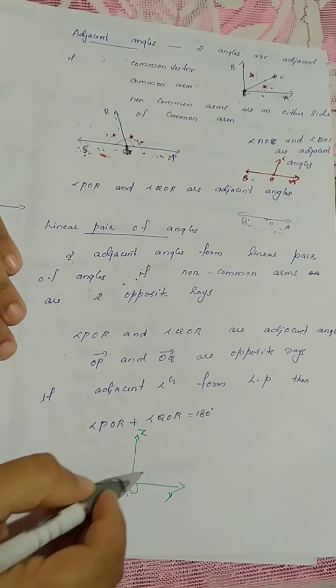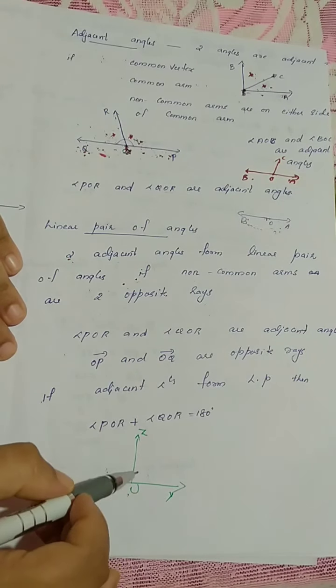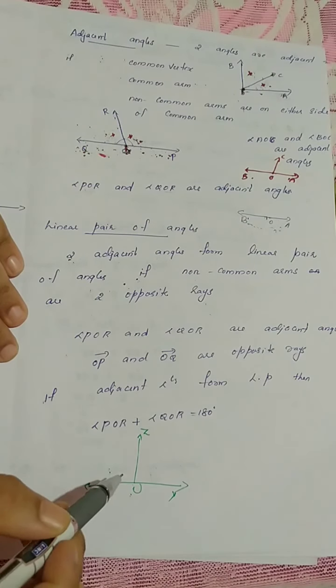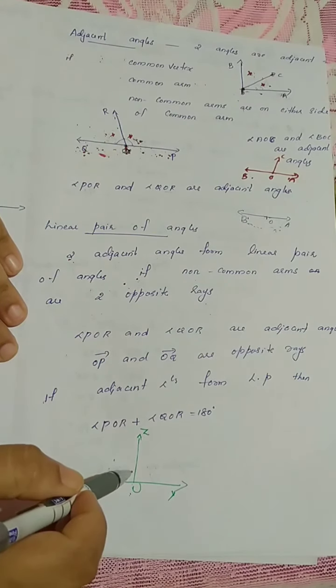So these two angles are adjacent angles. We have to check whether these two angles are a linear pair or not. So two adjacent angles form a linear pair if non-common arms are opposite rays.